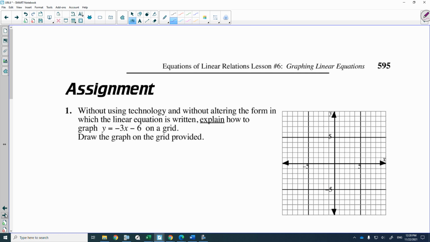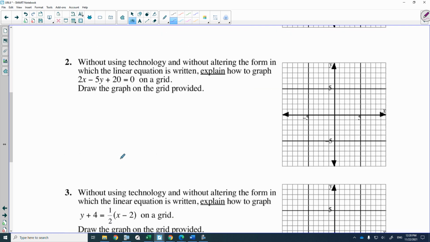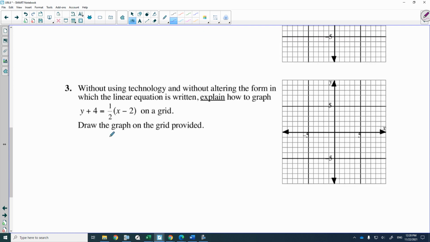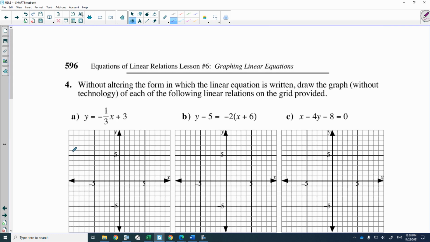Okay, here's your homework. We're going to circle it. I'm going to do one with you because we haven't done a fraction, so I want to show you a fraction. So circle number 1. Circle number 2. Circle 3. 4.